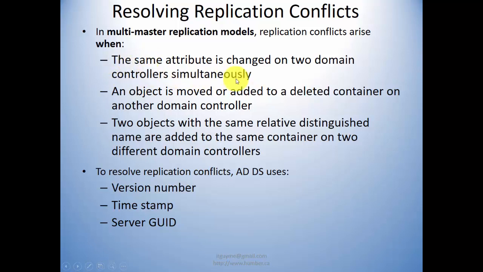So the same attribute is changed on two domain controllers simultaneously. When resolving replication conflicts, it's the same attribute you changed on two domain controllers. Normally there are so many administrators in a large organization, connected to any domain controller and making changes. It happened so many times that one ticket came, and one guy did not click to claim it but started working on it.